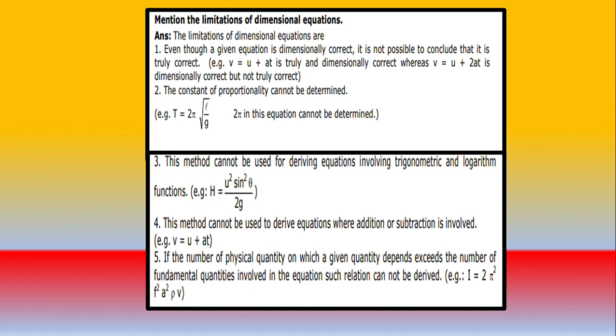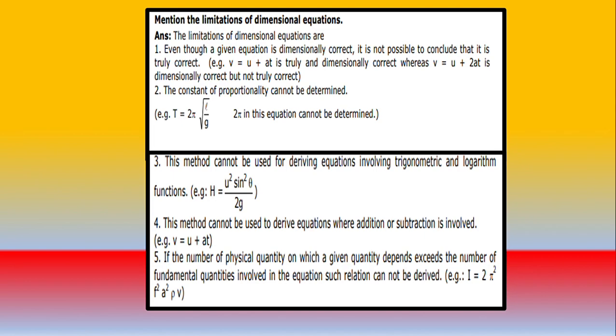The constant of proportionality, like the 2 pi, cannot be determined through dimensional analysis. It is a constant we got experimentally and that is accepted all over the world, but it cannot be derived through dimensional analysis.